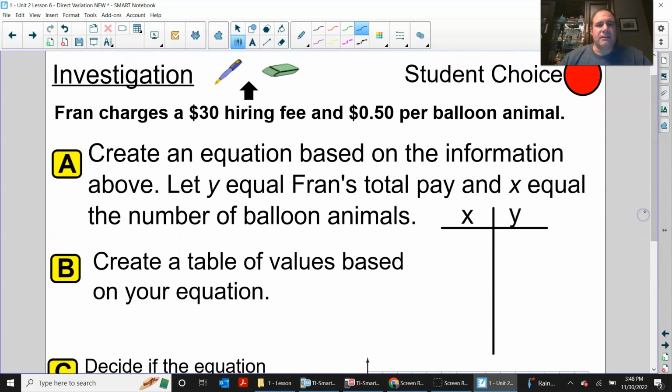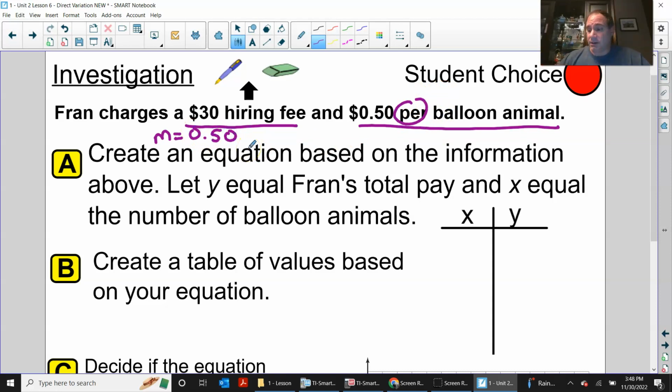Fran charges a $30 hiring fee. So we're going to go right there. And 50 cents per balloon animal. So we're going to create an equation. So the M, the slope, the rate, is per balloon animal. It's the number that occurs more than once.